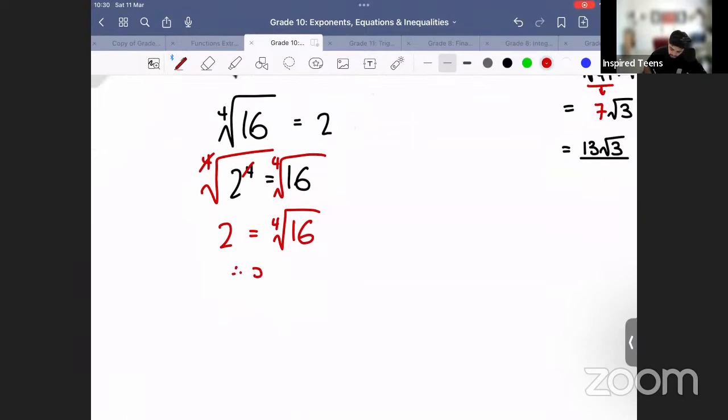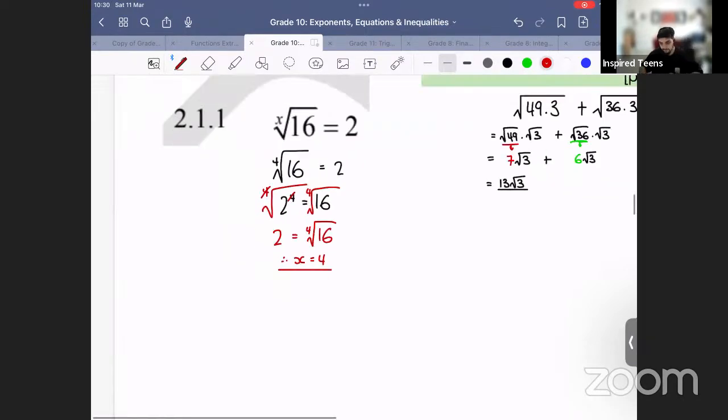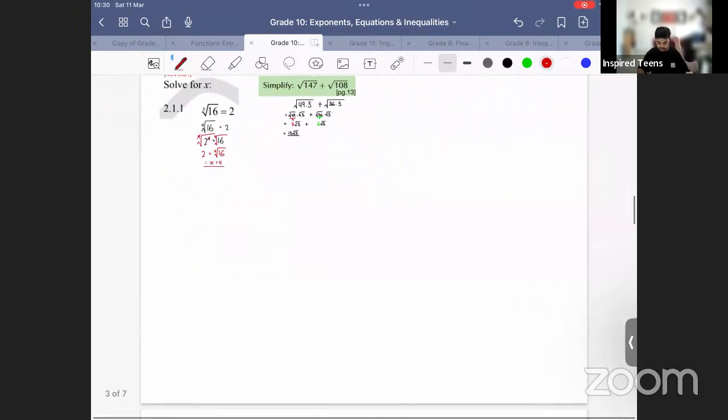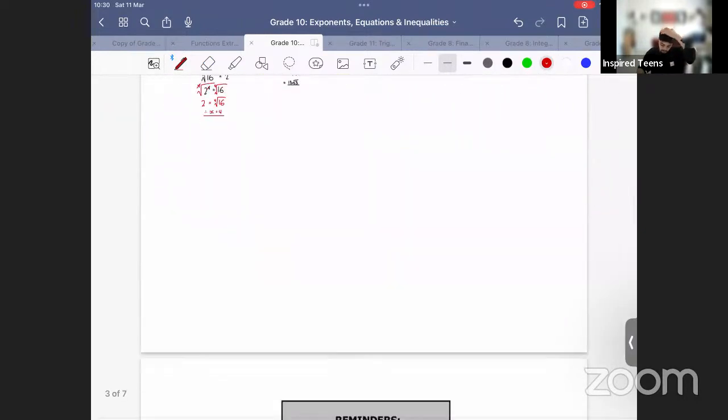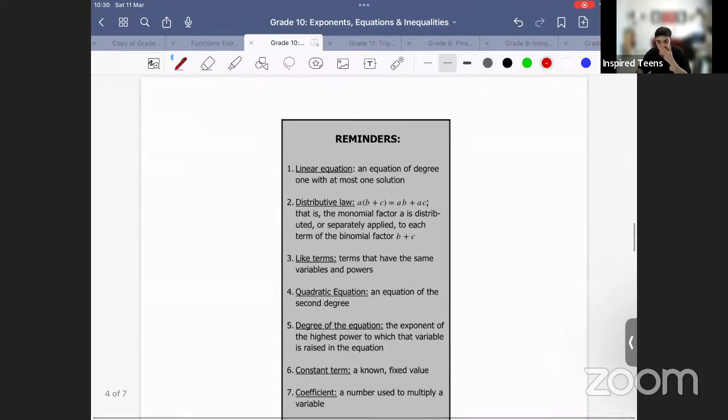So therefore, x is equal to 4. Okay, but yeah, silly question. Doesn't really relate much. I thought it was the third question. Nevertheless, let's move on. Okay, so exponent rules, surd rules, really important, right?